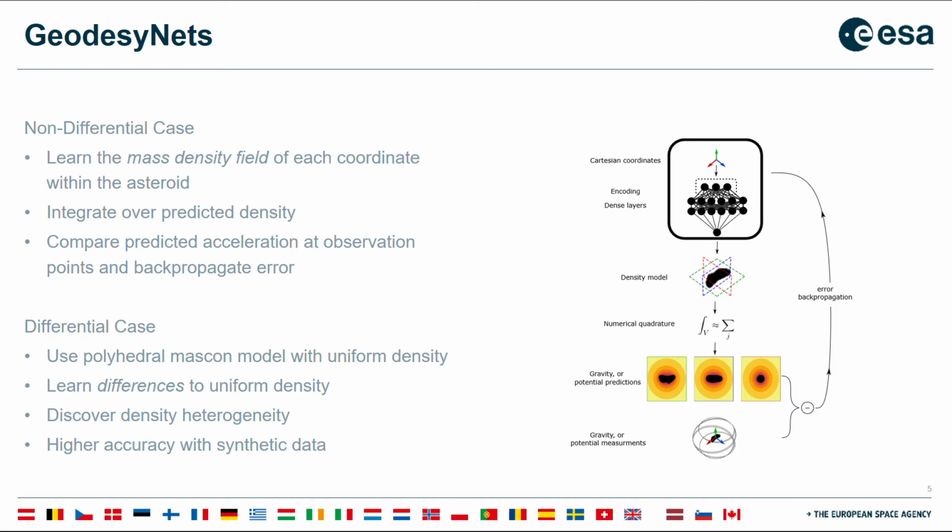And then we train the network to learn the differences, and this can help in discovering density heterogeneities. And at least with synthetic data, there's also a higher accuracy of the resulting orbits, because more information was given in to propagate them.